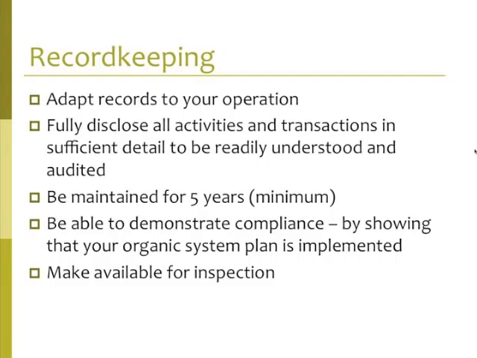Now, your record-keeping system should be adapted to your specific operation. It needs to fully disclose all activities related to organic crop production and in sufficient detail to show that you're following your organic system plan. And the rule requires that you make those records available for the inspection and maintain them for a minimum of 5 years after they're created.